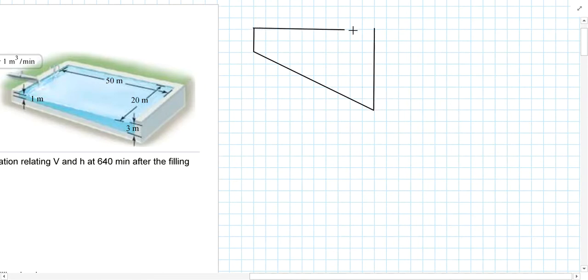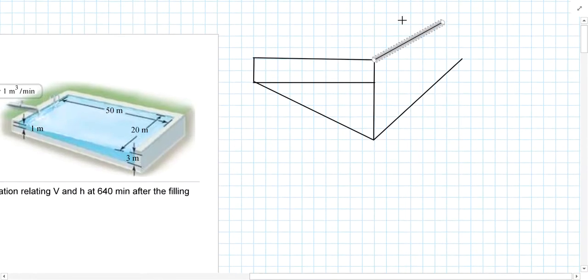And we have a side view profile that's essentially a trapezoid here. And it's worth noting that this upper component of the swimming pool is rectangular, while this lower component is triangular. And that's particularly interesting to consider when we start transforming this into some sort of three-dimensional object.